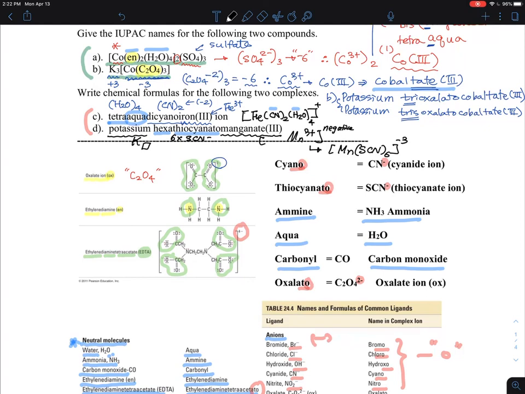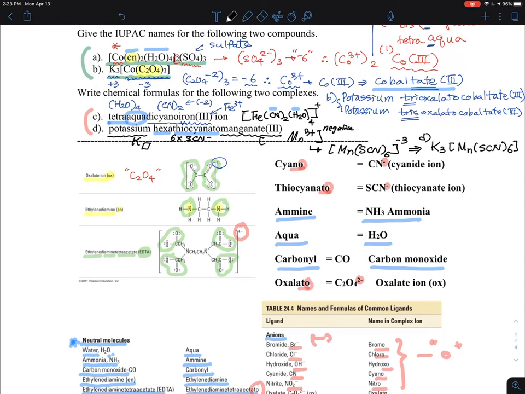As you see. So therefore, finally, your answer D should be, because the K is a plus 1 for each one of them, so therefore K3. And then Mn SCN6.